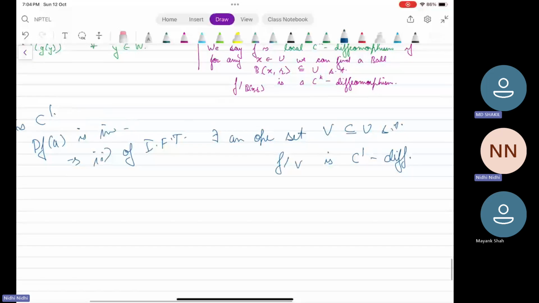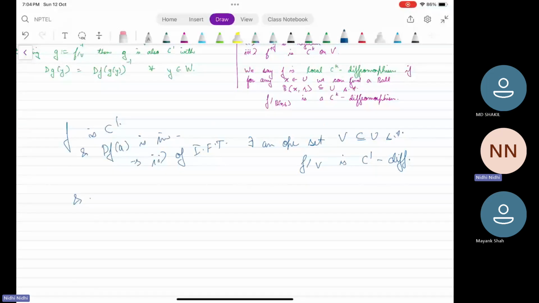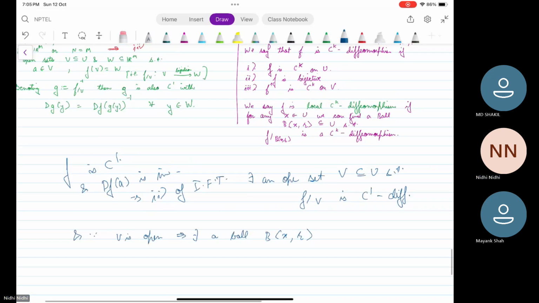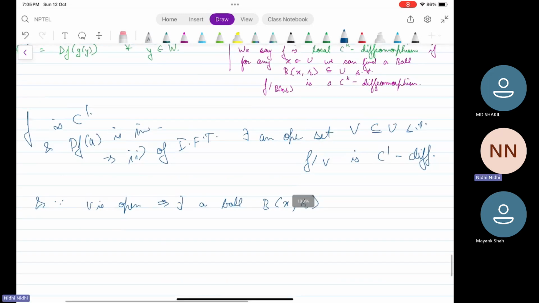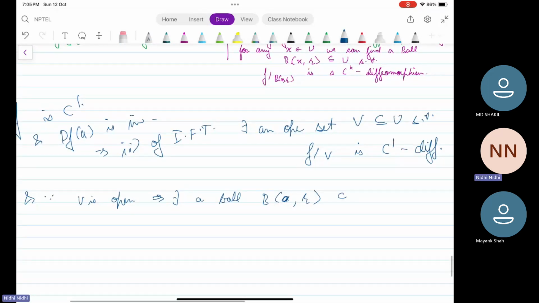If we want to go by the exact definition, since V is open, there exists a ball B(a, r) contained in V such that f restricted to this ball is a C1 diffeomorphism.